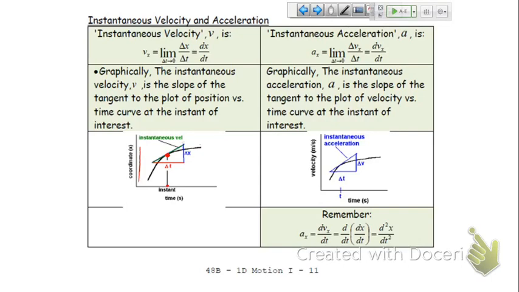So I construct a triangle, and I measure my rise, and I measure my run. That gives me the velocity. Alternatively, if I have the equation for this, I can differentiate it. So we say the v in the x direction is equal to the limit as a little bit of time goes to 0 of delta x by delta t, which equals dx by dt.